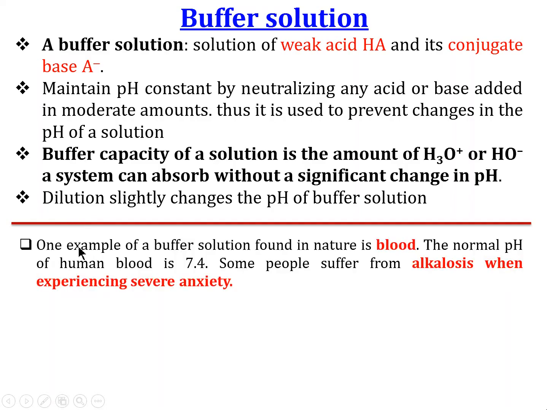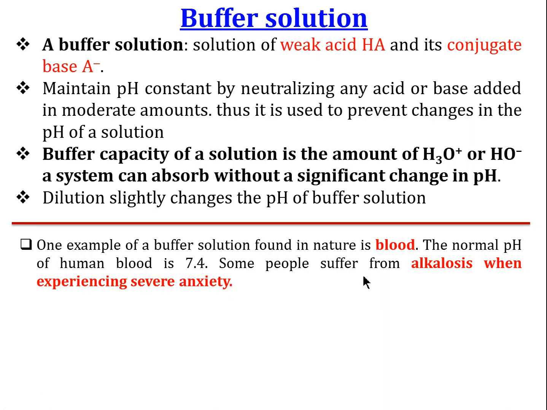The buffer solution or the buffer system has many applications found in nature, especially in blood. The normal pH of human blood is 7.4. Some people suffer from alkalosis when they have severe anxiety.